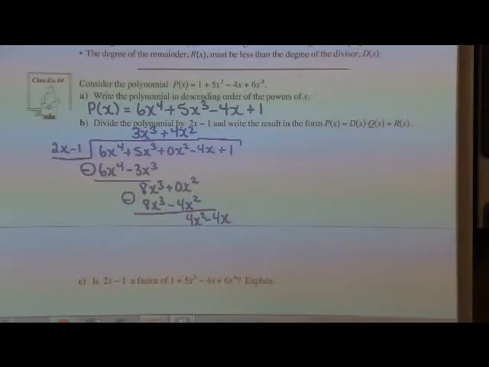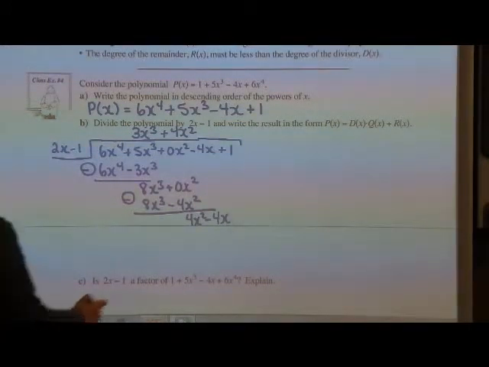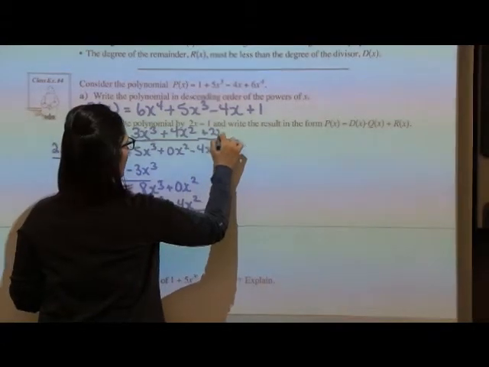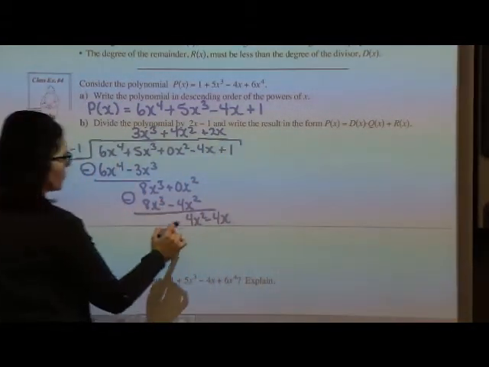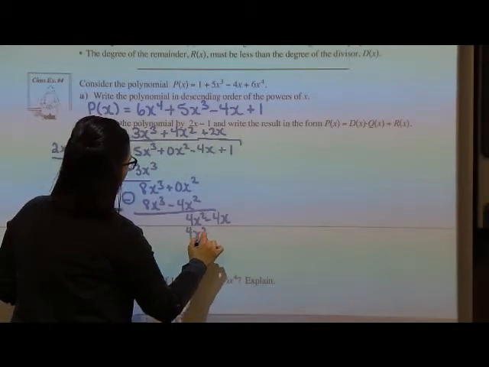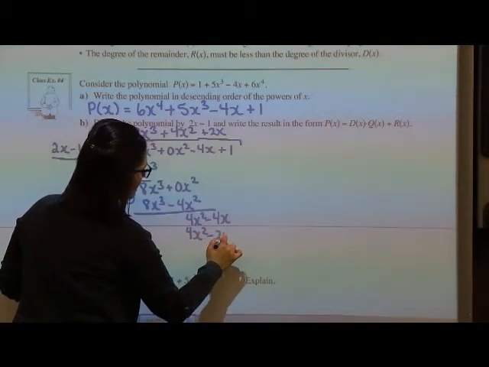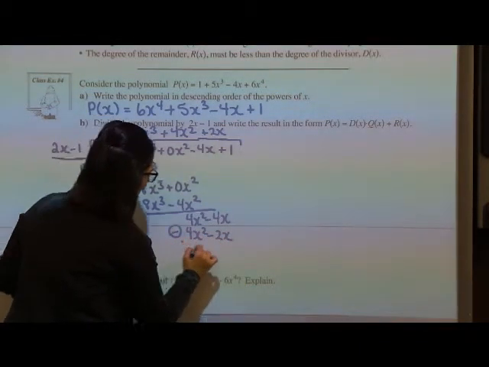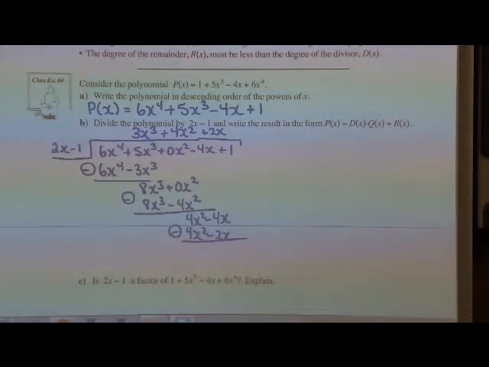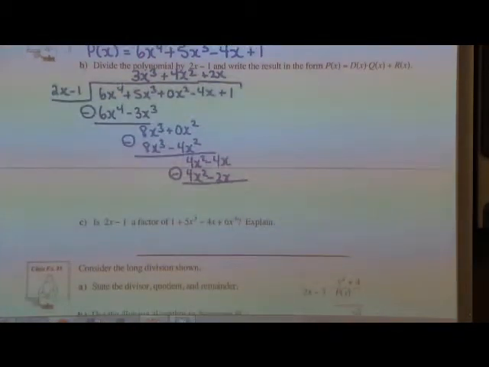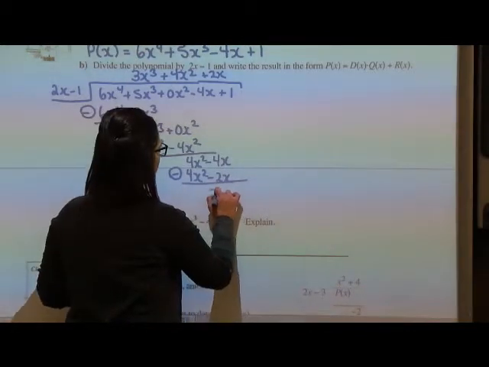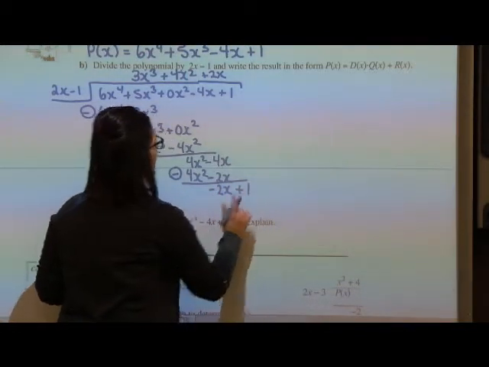4x squared divided by 2x is 2x. Multiply it through and I get 4x squared minus 2x. Subtracting. So 4x squared minus 4x squared is 0. 4x minus negative 2x is negative 2x. And then I bring down the positive 1.